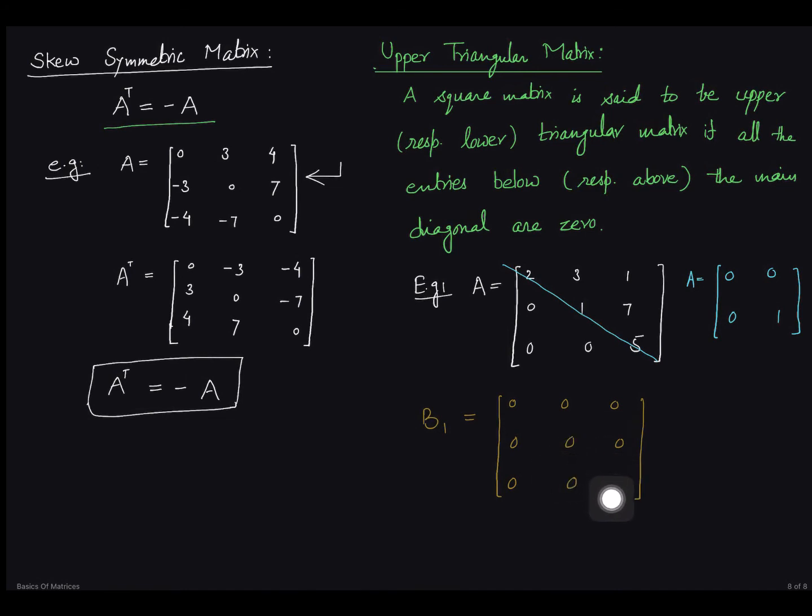That means this is also upper triangular. So there is no restriction on the diagonal entries. This is your main diagonal, all the entries above the main diagonal are 0. That means this is again a lower triangular matrix.